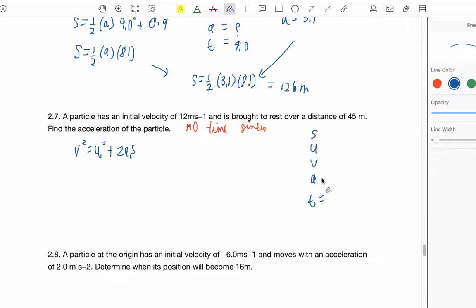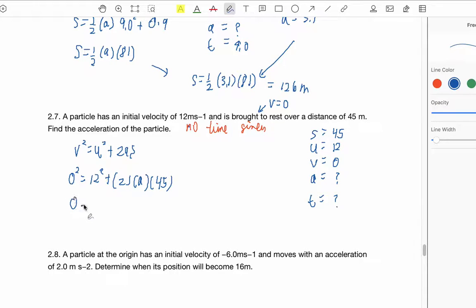S-U-V-A-T variables. S is 45. U is 12. Brought to rest, that implies V is 0. A is unknown, and T is unknown. So here we go. 0 squared equals 12 squared plus 2 times A times 45.